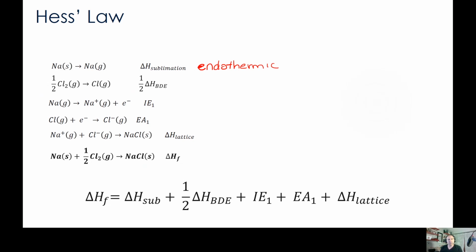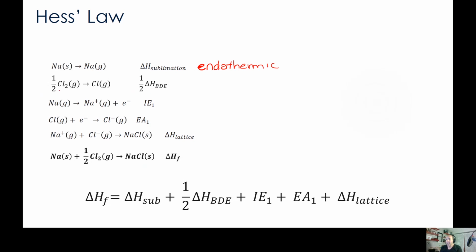So the next thing we have to do is look at getting chlorine atoms. Now, chlorine is one of the diatomic elements, and that means Cl2 has 2 chlorine atoms held together by a covalent bond. We don't know a lot about covalent bonds yet, and we're going to talk about them more later, but what we do know is that if we want to get a chlorine atom, we've got to break apart the chlorine bond. And that is the bond dissociation energy, BE.